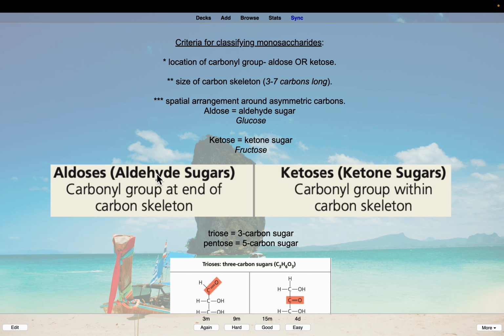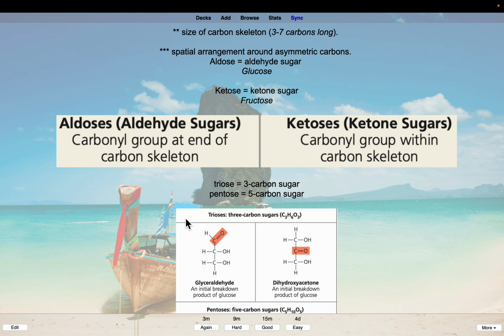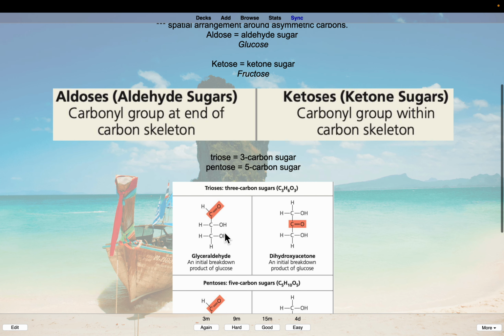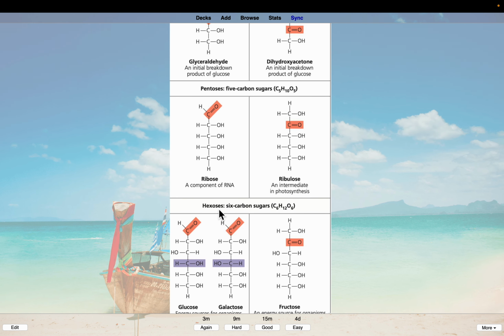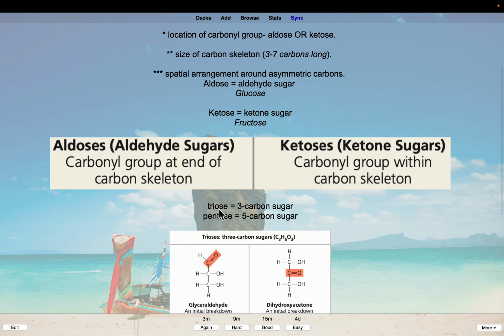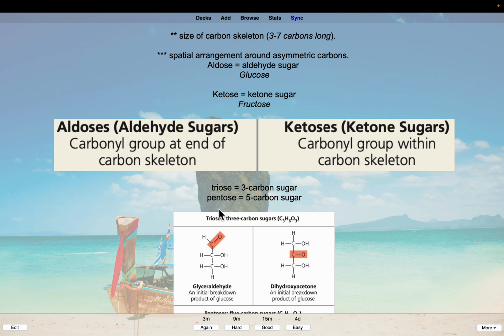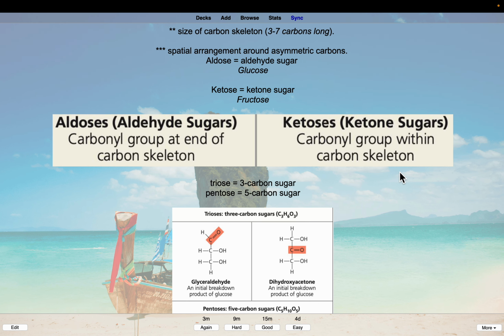Aldoses or aldehyde sugars, basically the carbonyl group is located at the end of the skeleton. Where do we see that here? For ketoses, on the other hand, or ketone sugars, the carbonyl group is within the carbon skeleton.